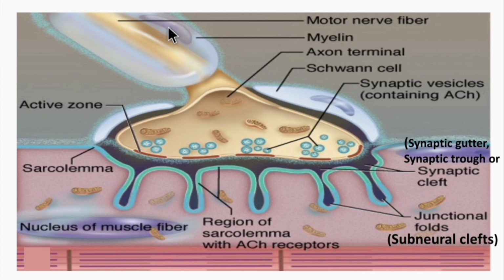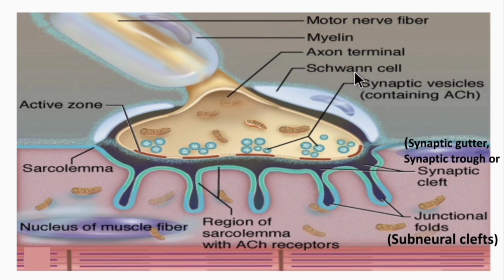First of all, this is the nerve fiber axon which is covered by the myelin sheath. Then this is the axon terminal, and inside the axon terminal you can see neurotransmitter-filled vesicles, and the neurotransmitter in this case is acetylcholine.